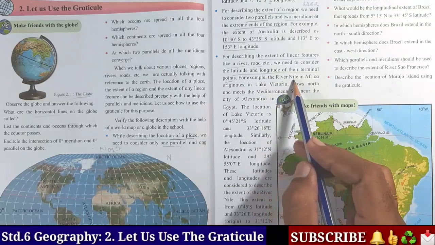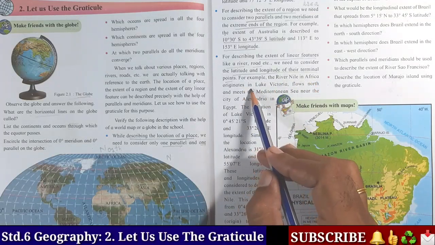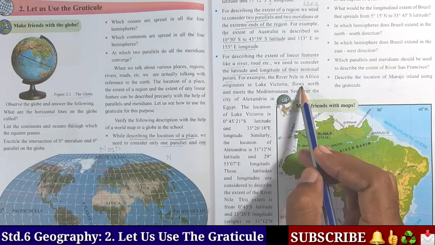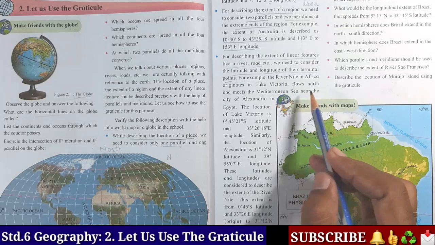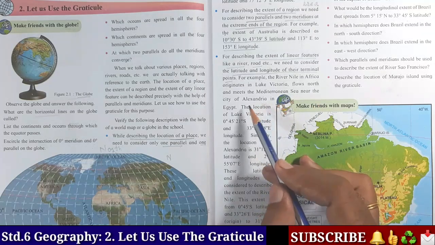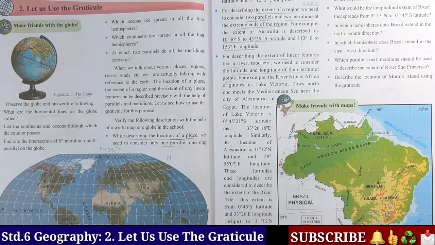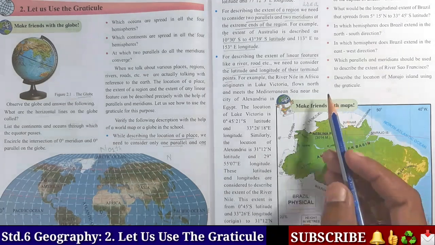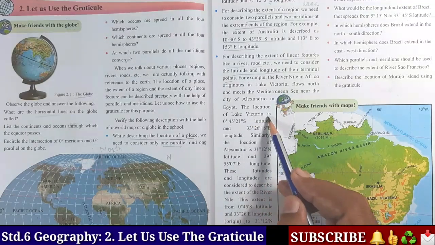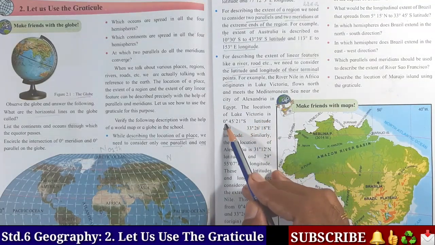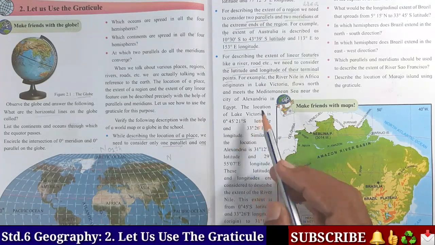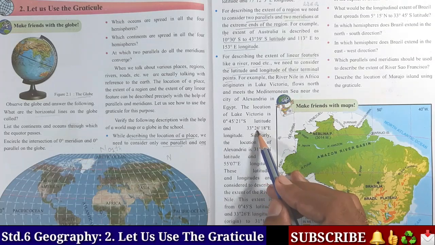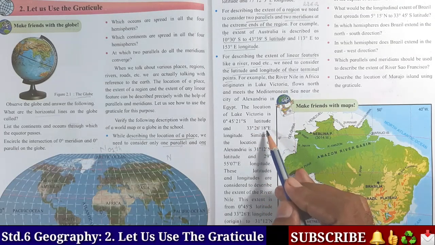For example, the river Nile in Africa originates in Lake Victoria, flows north and meets the Mediterranean Sea near the city of Alexandria in Egypt. Okay, students, so here we are going to study the location of a river, that is the Nile in Africa. The location of Lake Victoria is 0 degree 45 minutes 21 seconds south latitude and 33 degree 26 minutes 18 seconds east longitude.